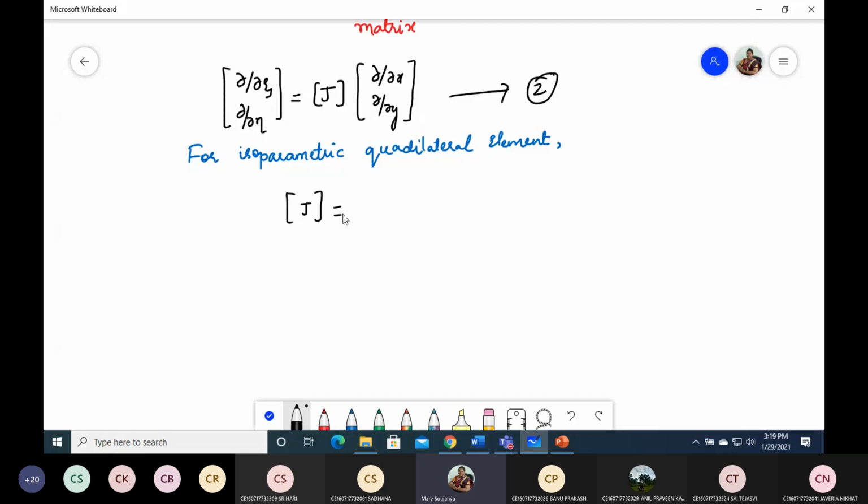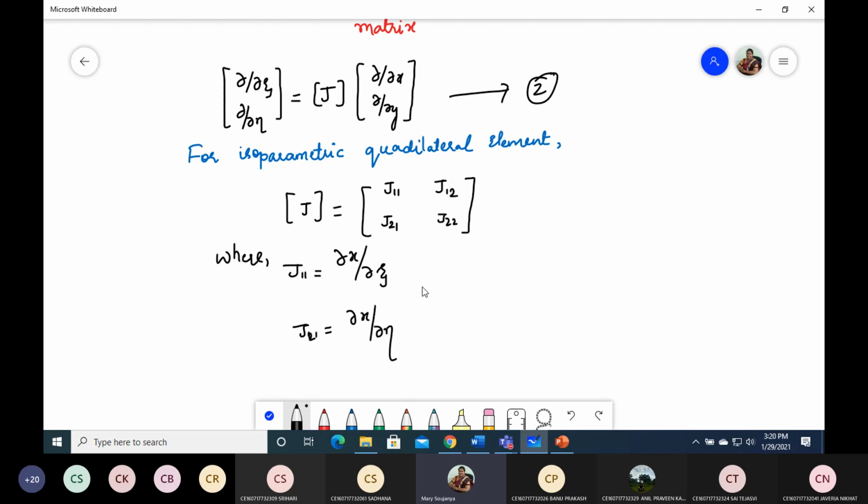We have the J matrix as J11, J12, J21 and J22, where J11, the first term, is dou x by dou xi, J21 is dou x by dou eta, J12 is dou y by dou xi, and J22 is dou y by dou eta.